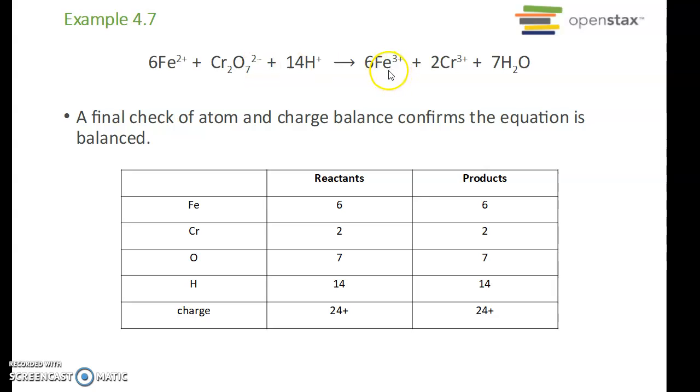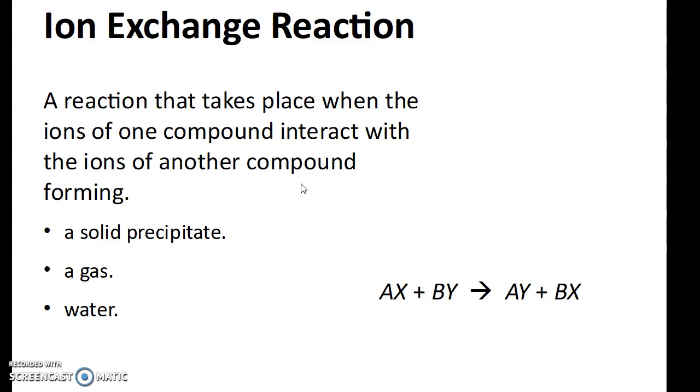Here you've got 3 plus times 6, and 2 times 3 is 6 here. So this is 18 plus 6 for 24. Here you have 12 plus 14 minus 2, giving you 24 on this side as well. So that ends that section.